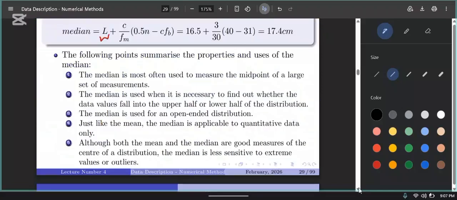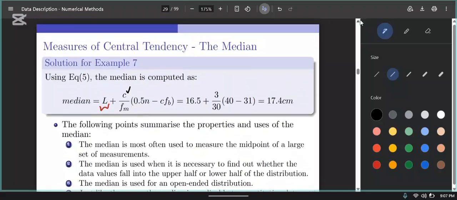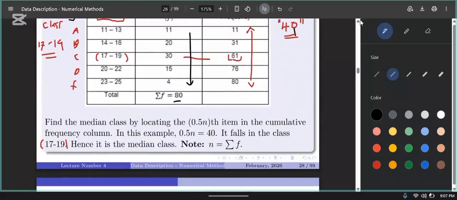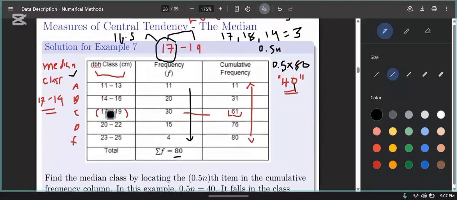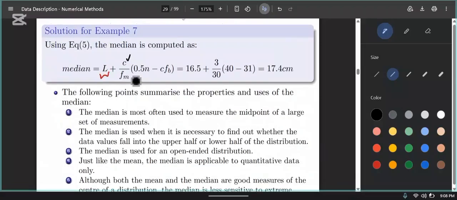That is the C. Then the frequency of the median class: you go back to your median class. The median class is here. What is the frequency? It is 30. So that is the frequency you put here.